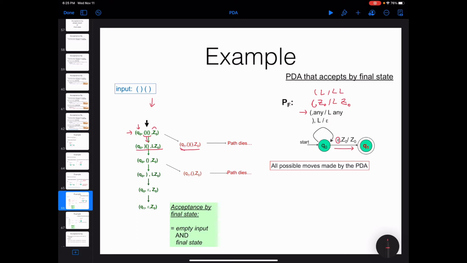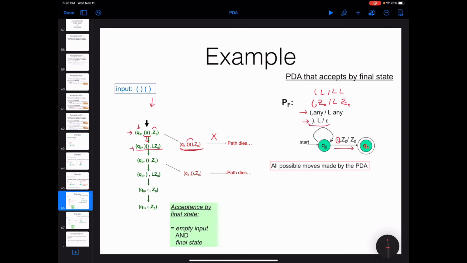Clearly this move is going to crash because after you move to Q1, there is no more transition for Q1, and you haven't finished the input string. So this path is not going to accept, and you have to continue with this state. At this state, there is only one possible transition for us.